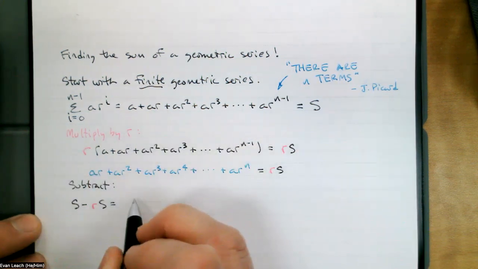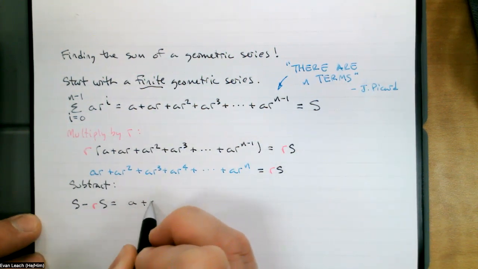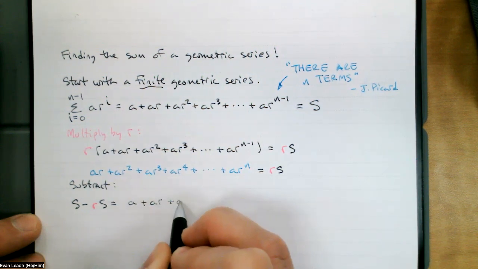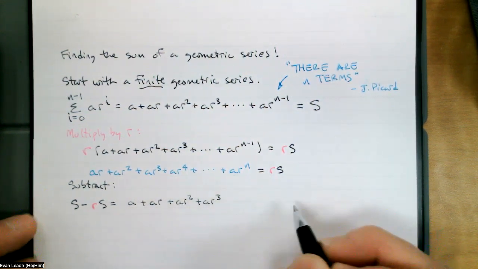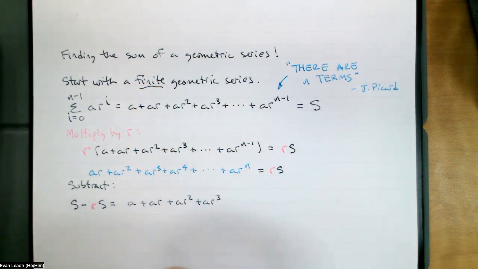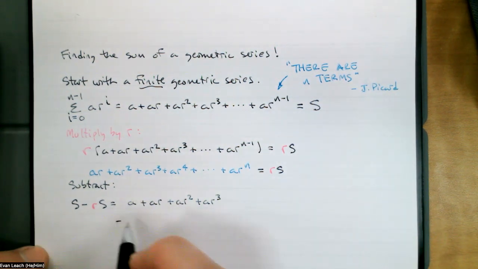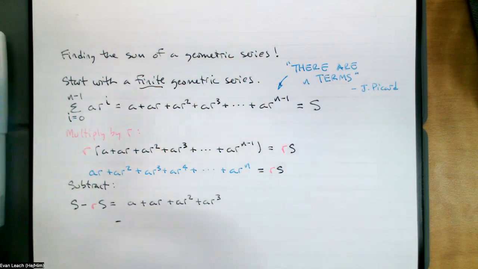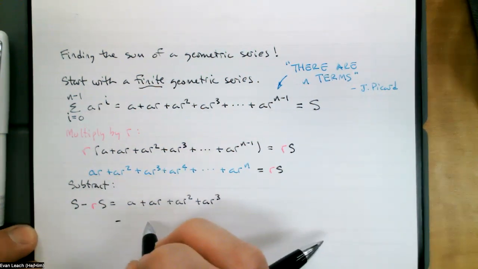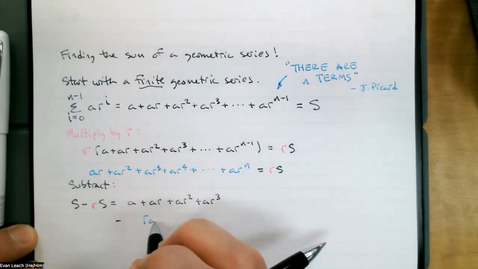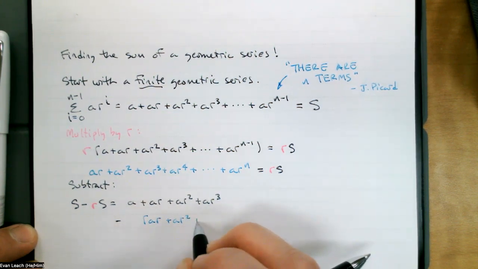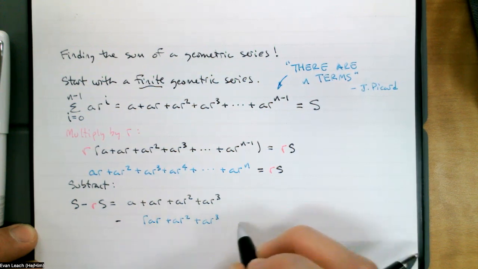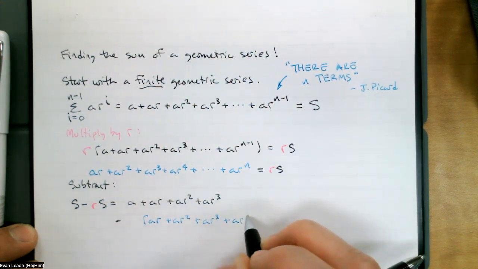So here are my terms from S, a plus ar plus ar squared plus ar to the third. And we're going to be subtracting this series in blue, which starts with an ar and has an ar squared and an ar to the third and an ar to the fourth.